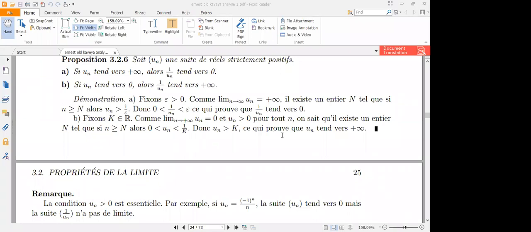Yeah. Then in this case here, your limit here was 0. So your limit here is infinity. This one here, your limit was 0.